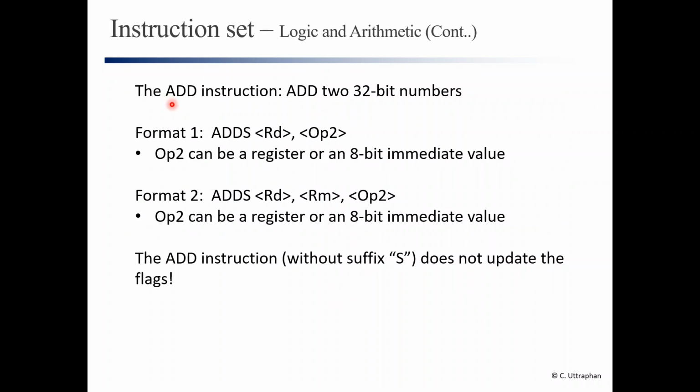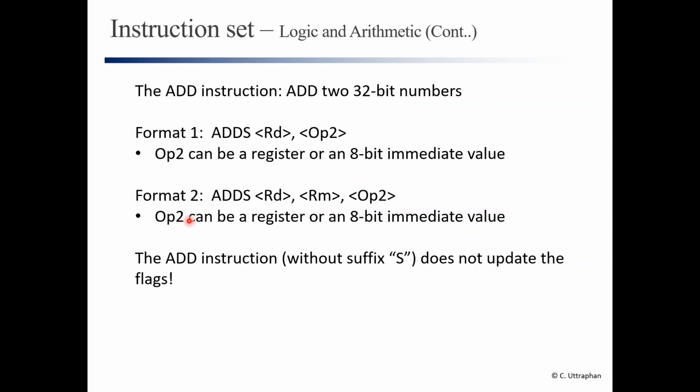Now, let's look at the first arithmetic instruction. The ADD instruction. The operation is 32-bit. Format 1, where we have 2 operands, RD is the destination operand, while OP2 is the source operand. RD must be a register, while OP2 can be any general-purpose register or an 8-bit immediate value.